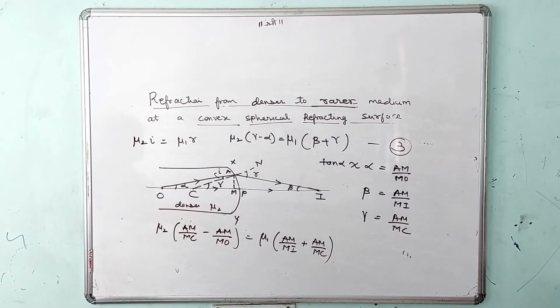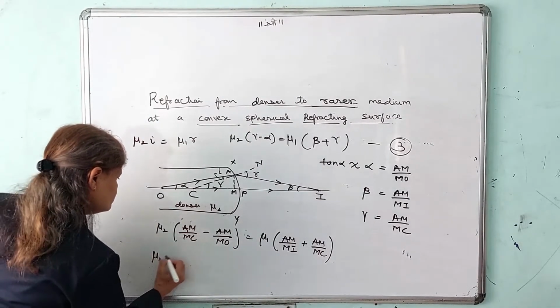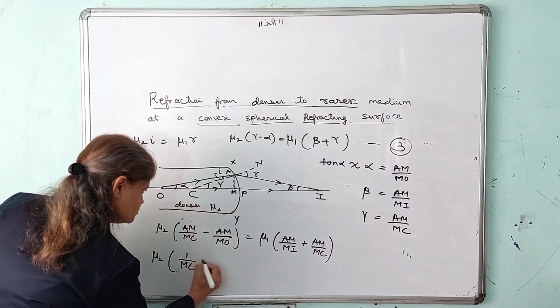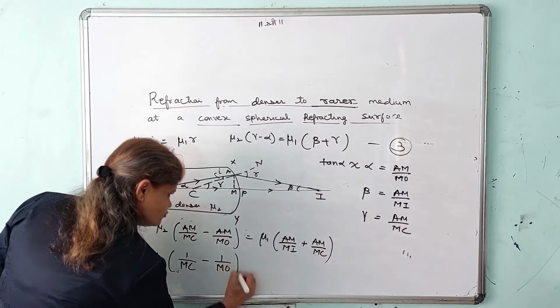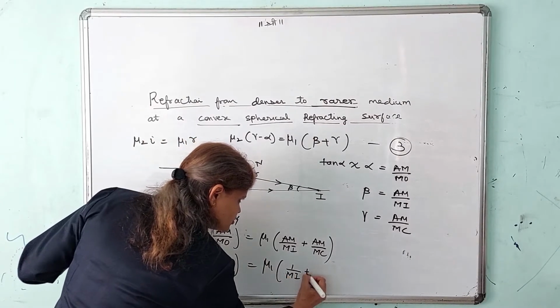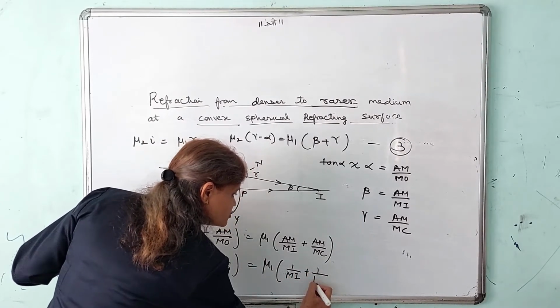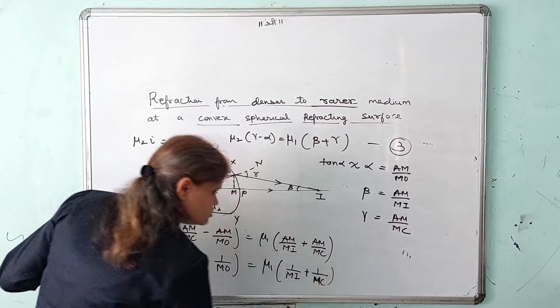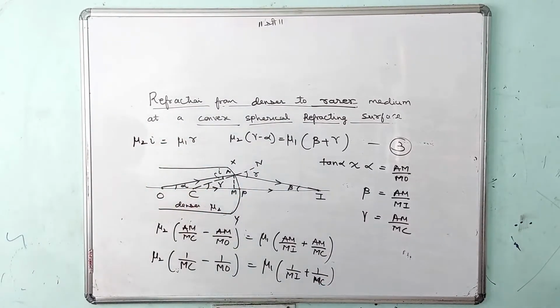You can take AM common and cancel that out. You can see in the numerator there is an AM term in each term, so we can cancel it.